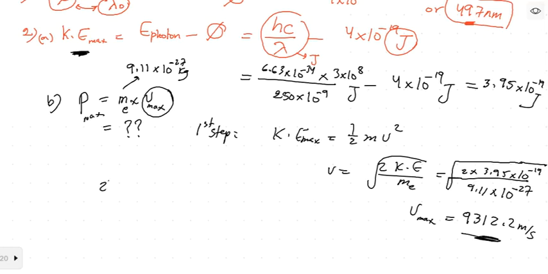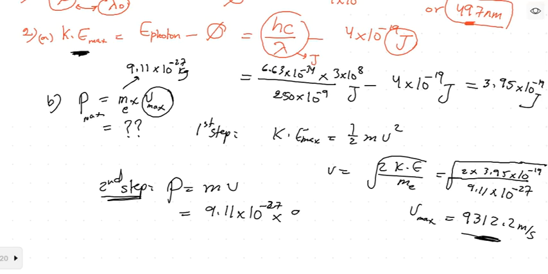Now, as a second step, after getting the speed, it's very easy to know the momentum. Momentum equals mass times v. The mass of the electron is 9.11 times 10 to the power minus 27, times the speed we got, 9312.2.